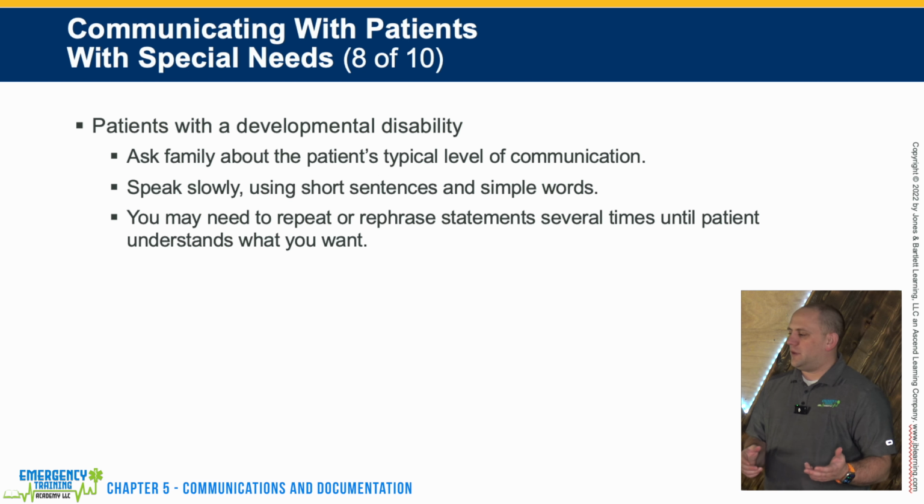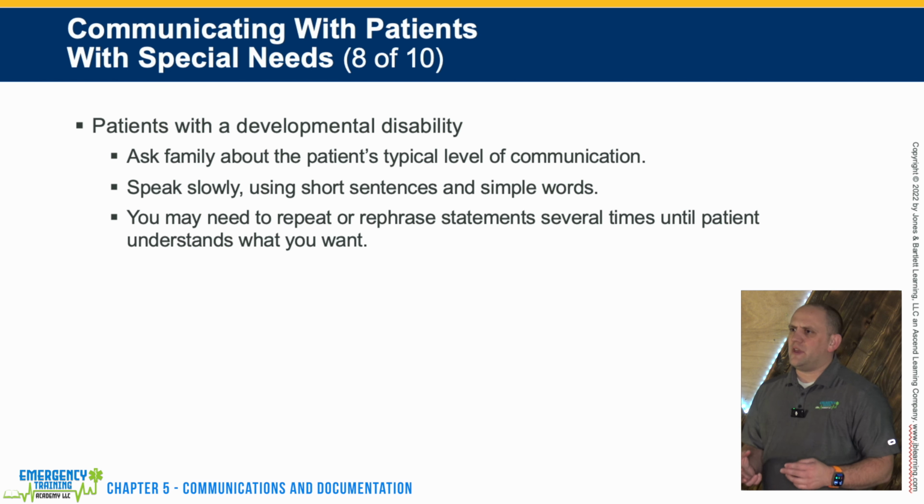Our patients with developmental disabilities, ask the family member what their normal level of communication is. You want to speak slowly like we would with some of our other special populations. Use short sentences and simple words. And you may need to repeat and rephrase some of the things that you're saying in different ways to help them understand.